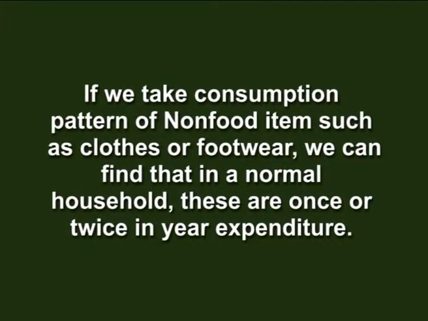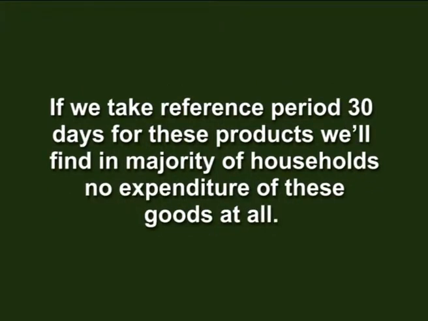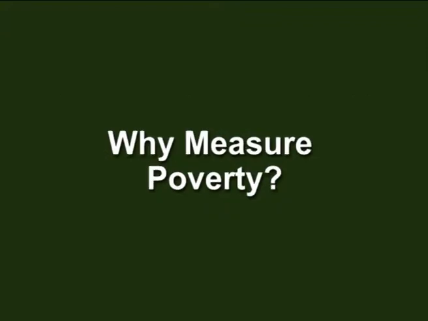If we take the consumption pattern of non-food items such as clothes or footwear, we can find that in a normal household, these are once or twice a year expenditures. If we take a reference period of 30 days for these products, we'll find in the majority of households no expenditure on these goods at all. Now the point is, why at all should we measure poverty?